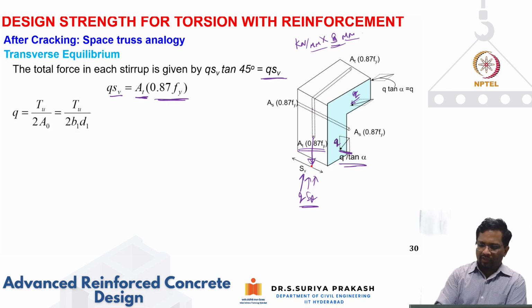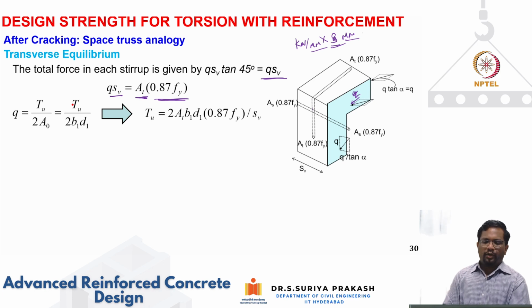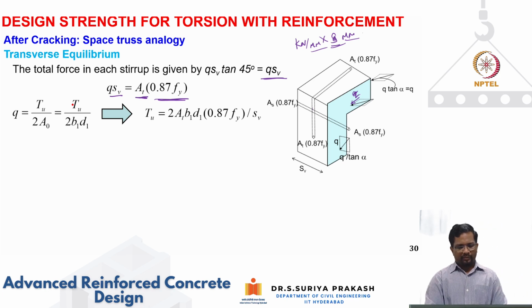Now I know the expression for Q from the thin wall tube theory. Q is nothing but Tu by 2 A0, which is nothing but Tu by 2 into b1 d1. So I put that for Q. It will become Tu by 2 b1 d1 times Sv equals At into 0.87 fy.